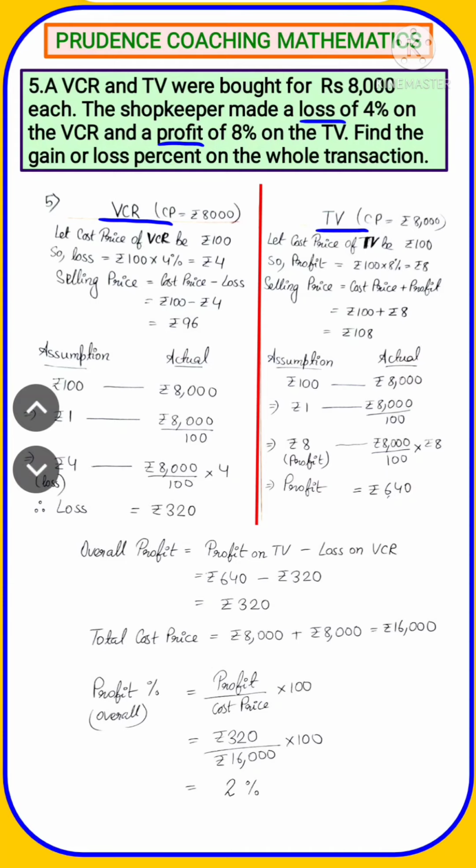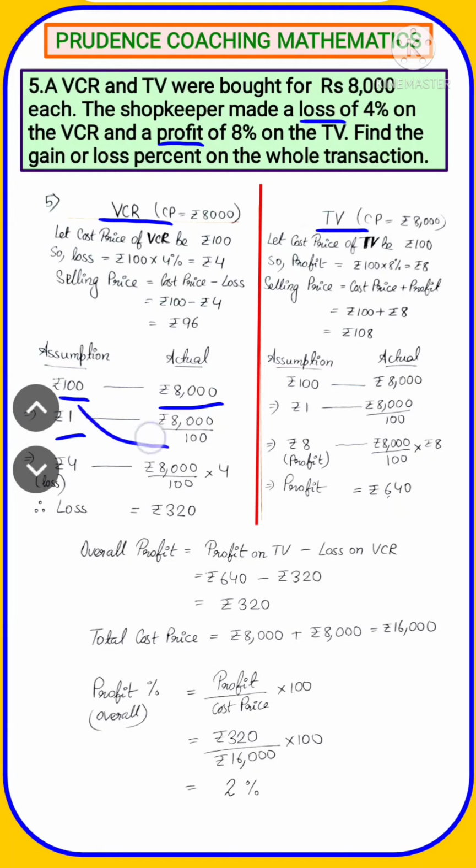Now we will compare the assumption with the actual value to find out the actual loss by selling the VCR. So rupees 100, which we assumed to be CP, is equal to rupees 8,000 in actual. So we can write rupees 100 equals 8,000 rupees. Rupees 1 will be 8,000 divided by 100.